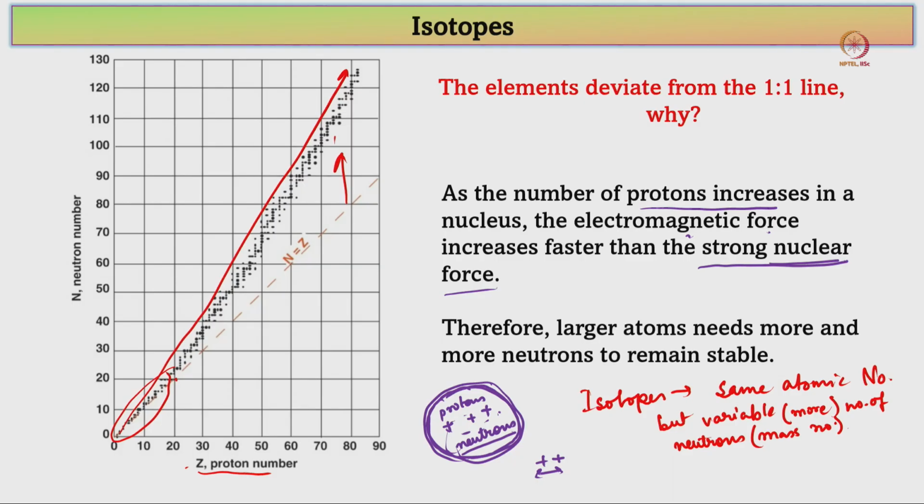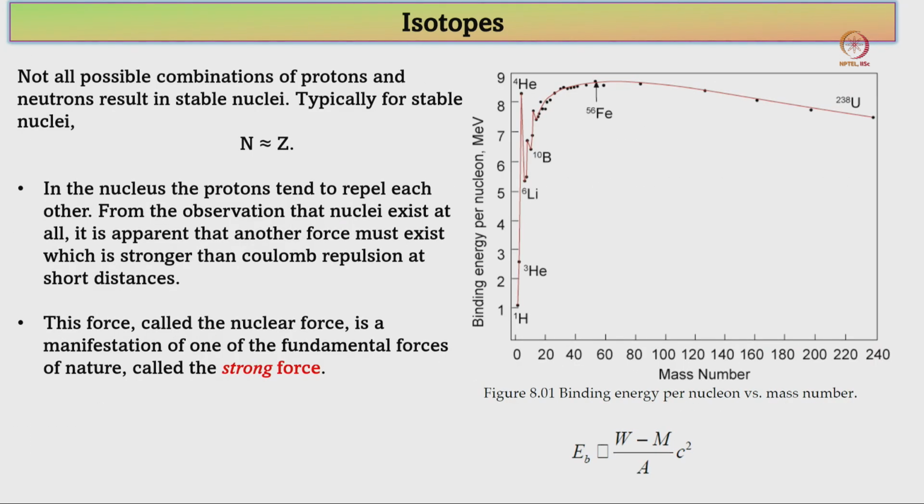Okay. This is the reason that we have this kind of stability diagram. These elements which are more stable, it is because of this strong nuclear force. So, what we do understand is that not all possible combinations of protons and neutrons result in stable nuclei.